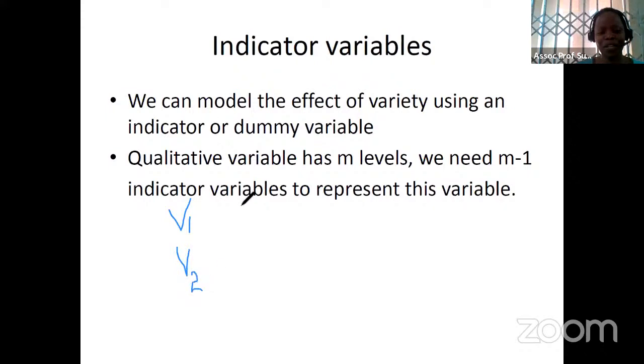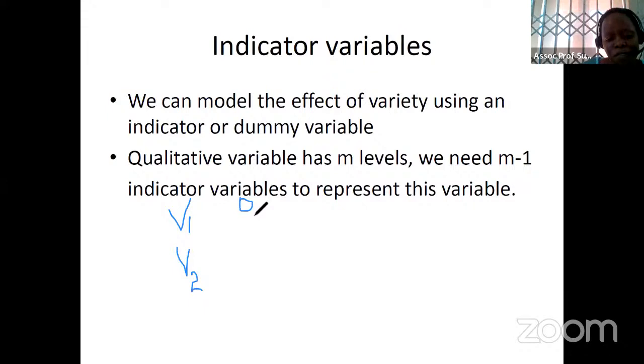We are going to put our independent dummy variable here. To formulate the dummy variables, we code variety 1 and variety 2 using either 0 or 1, whatever is appropriate or easy to understand, but in most cases we use 0 and 1.